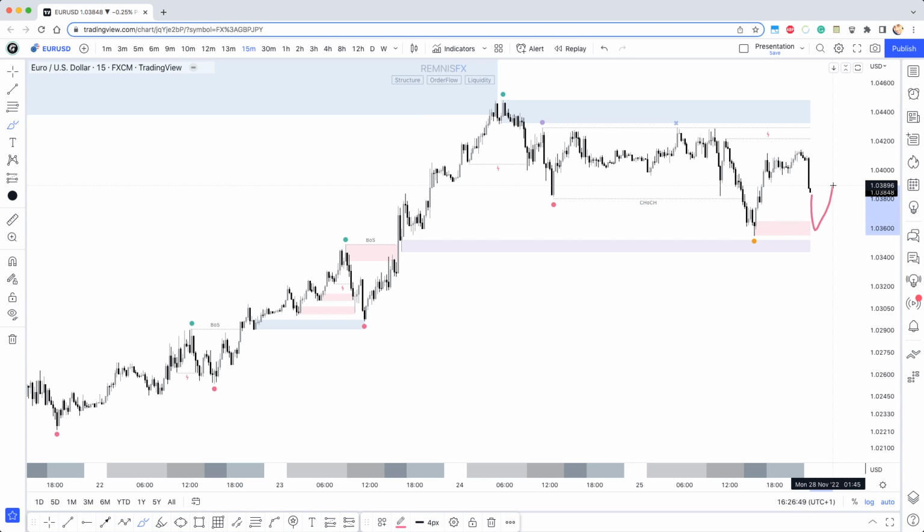It could tap and then go for the liquidity like we discussed here or here, and then from there it could continue down, like that. It may even wick through, just a wick below or above this area, and perhaps even while doing that mitigate this order flow area, right?